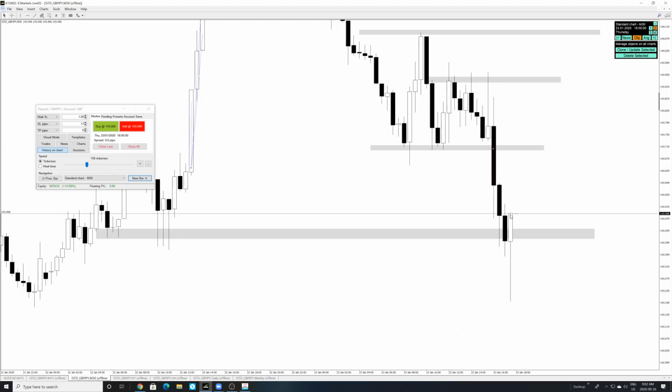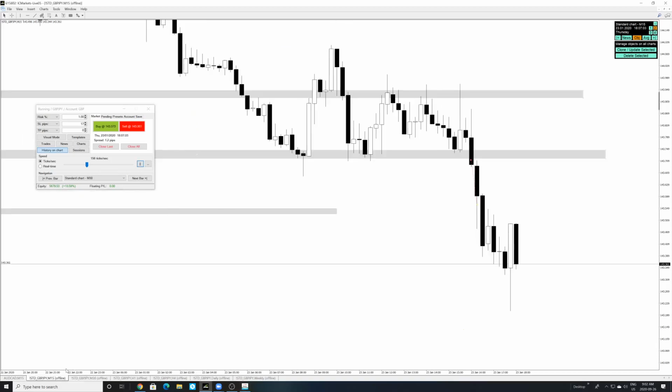Because if you see right over here, this candle had a wick to the bottom side, so you could say there's a range for the next candle to go down. This candle has no wick on the top, so there's no range for the next candle to go up. So there's a very high probability it's going to continue moving bearish. Let's take a look on the 15-minute. Oh, 15-minute also closed with no wick on the top.